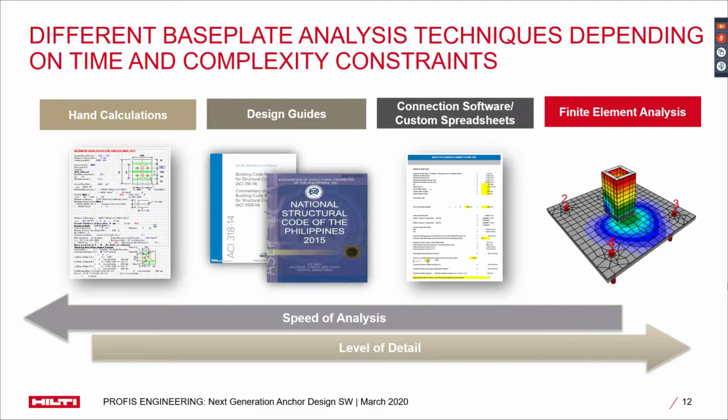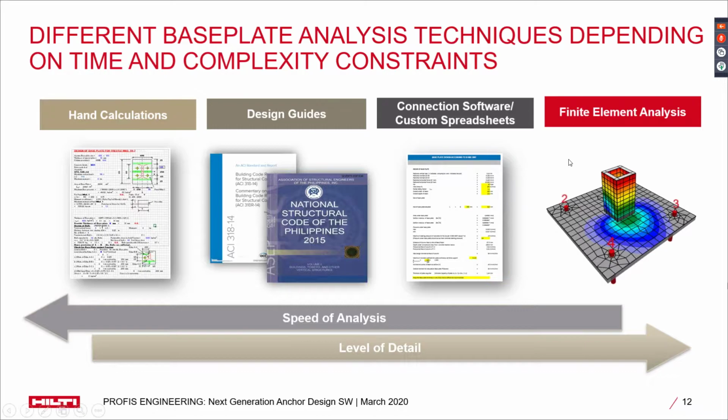Following this, we have connection software or custom spreadsheets. These are often just implementations of the previous two methods to speed up the process. We often found that these three are the most common approaches among designers, as they can quickly provide a solution for most standard connections.